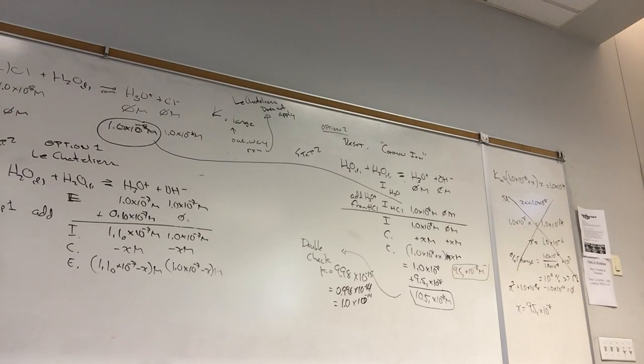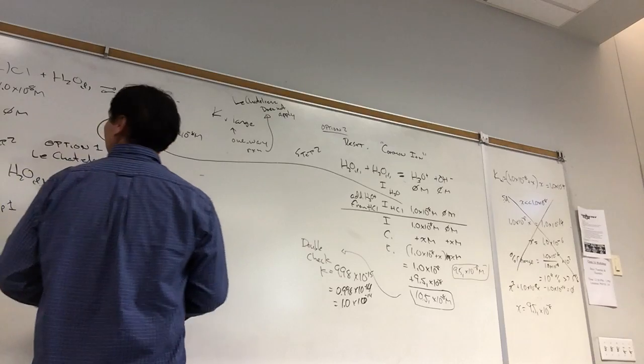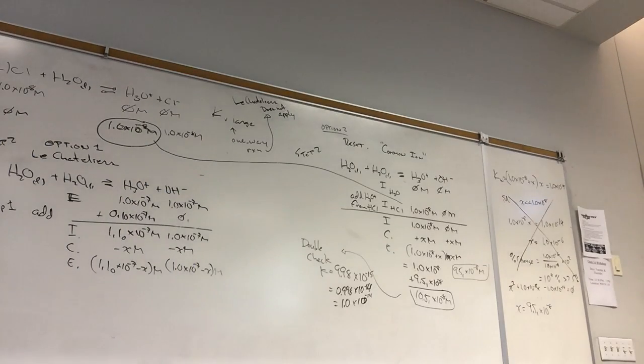So what we can say here is this. Let's summarize. How much hydronium is going to be in this beaker? If I have a beaker that's labeled 1.0 times 10 to the minus 8 molar HCl, let's figure out what's inside this solution.